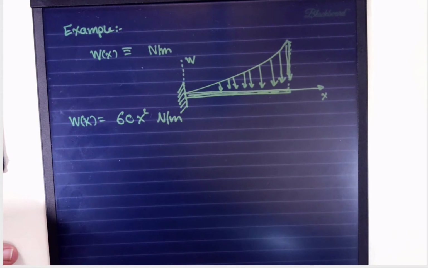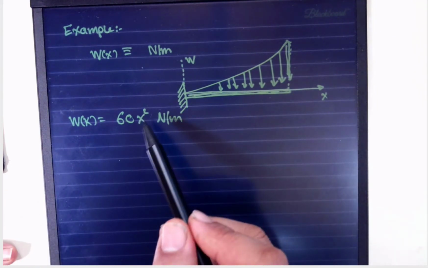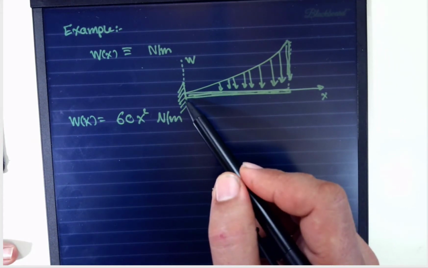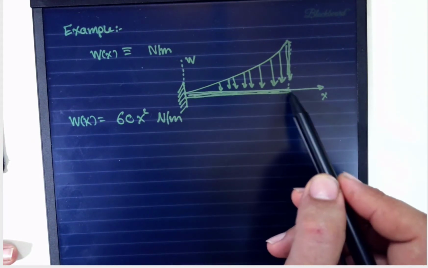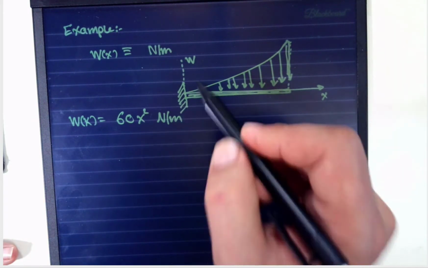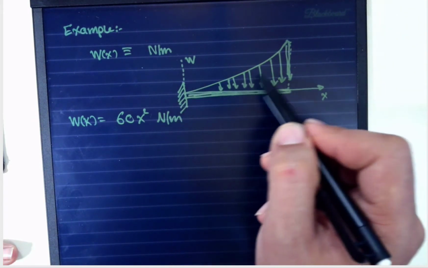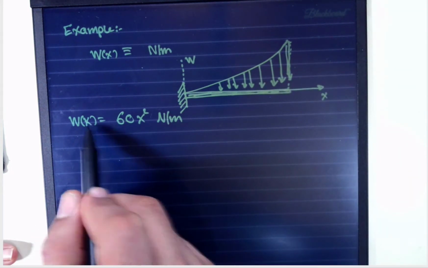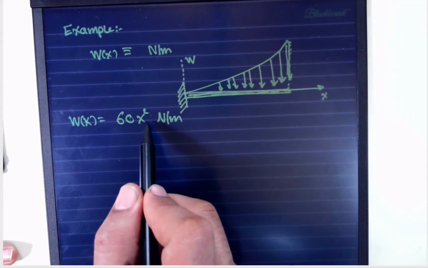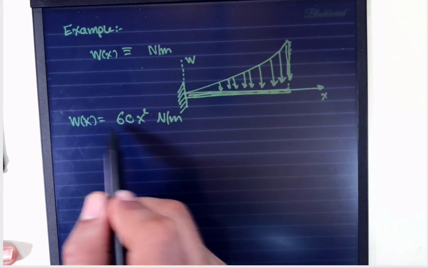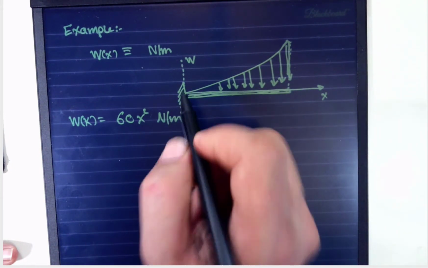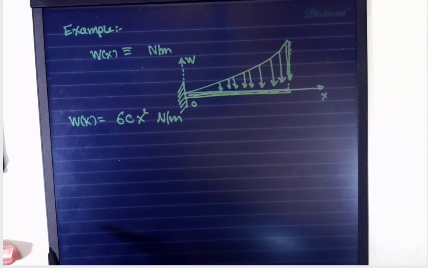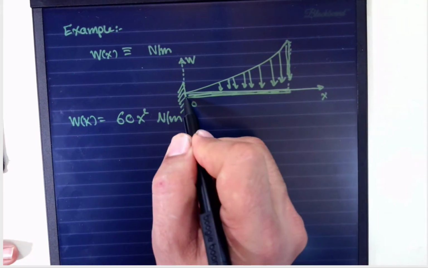An example of load per unit length is this distributed force, which is acting on a cantilever beam, a beam that has a free end and is fixed at one end. And the load is parabolically increasing with the function W of x equal 60x squared Newton per meter, where x is measured from O. So this is our weight per unit length, and that's our x measured from here.